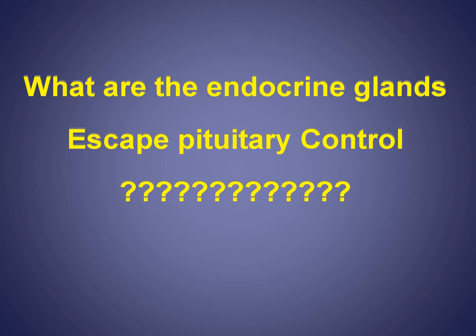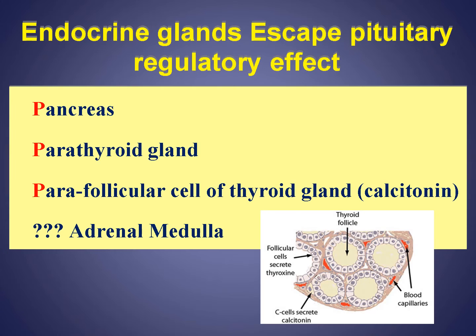So we have other endocrine glands that escape pituitary control. We have 3 important glands, and all the endocrine glands which escape the pituitary regulatory effect start with the letter B, to make them easy for you to remember.